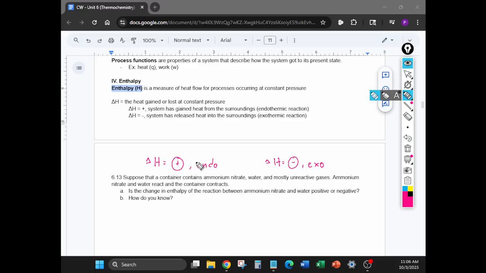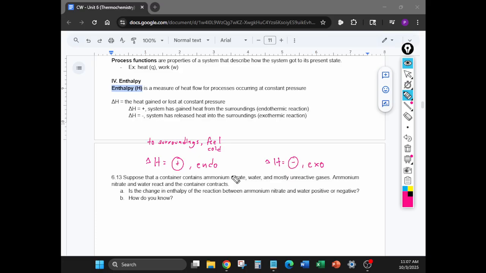If it was endothermic, you're the surroundings now, it's going to feel cold, because this chemical reaction takes energy from its surroundings. So it's stealing energy from you. If it's taking energy from you, it's going to feel cold to you.